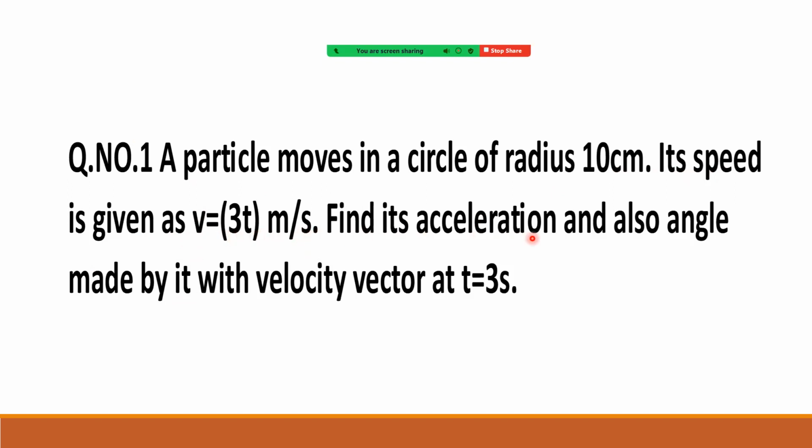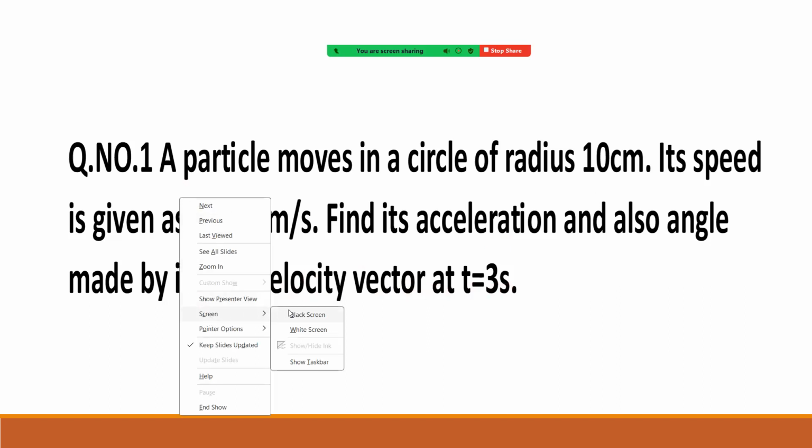Find its acceleration and also the angle made by it with the velocity vector at t equal to 3 seconds. You can see from this given data, speed is changing with time. That means tangential acceleration is non-zero.